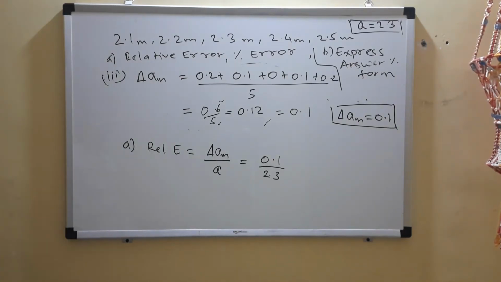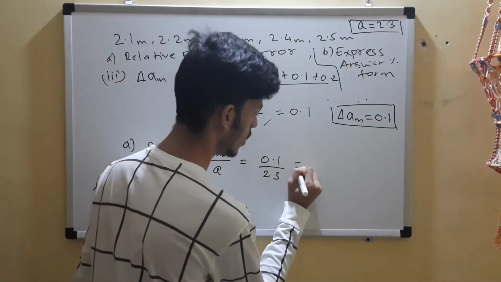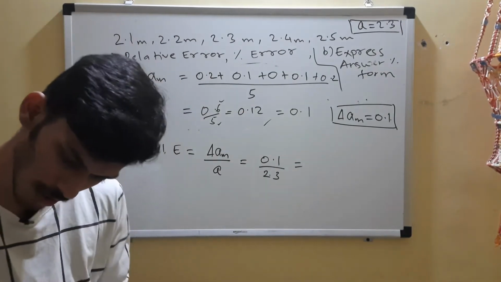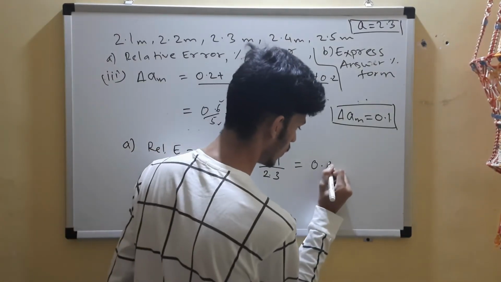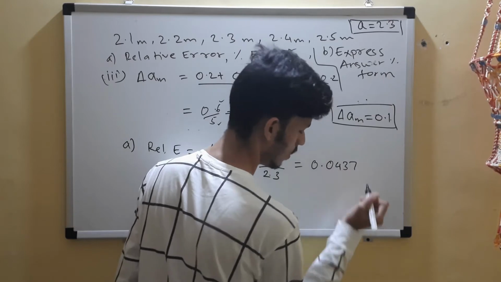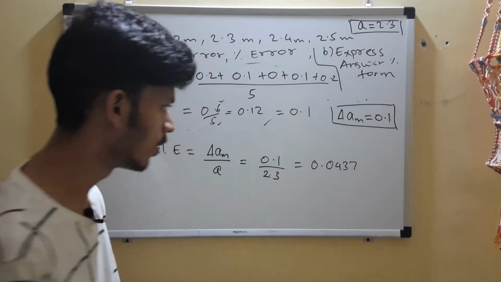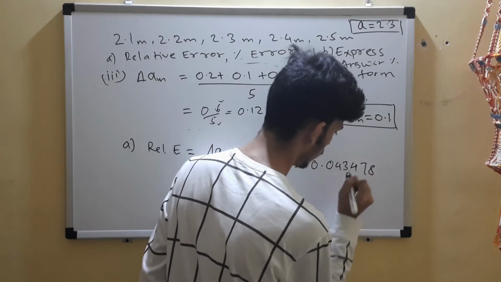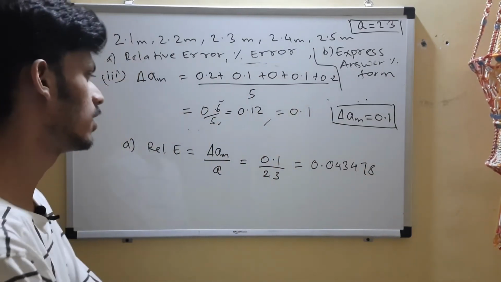I will directly give you the answer now. NTA will be kind to you, they won't give you such calculation intensive problems. So the answer is 0.04378. Forgive me for calculation errors if any.